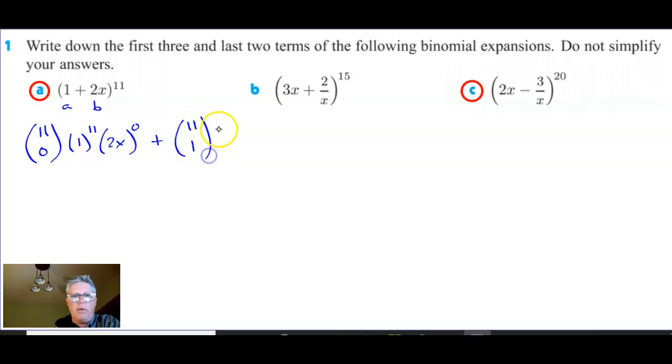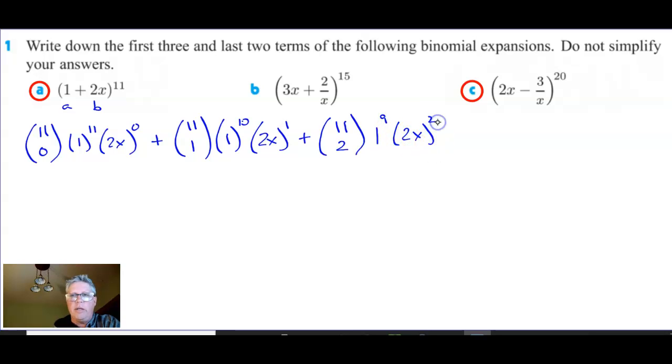11, this goes up by 1. We get 1 to the 10th, and we get 2x to the first, plus the next one, 11 choose 2, 1 to the 9th times 2x squared. And then if they want the last 2, maybe I do dot, dot, dot.